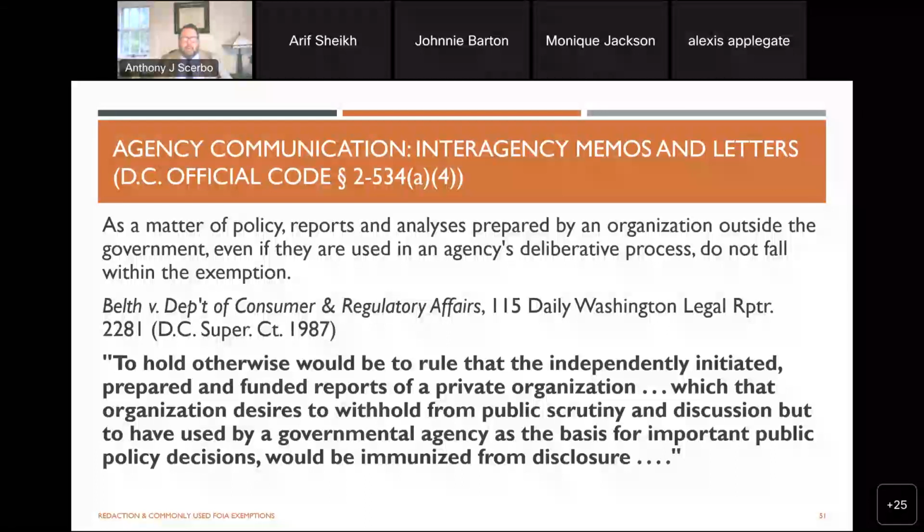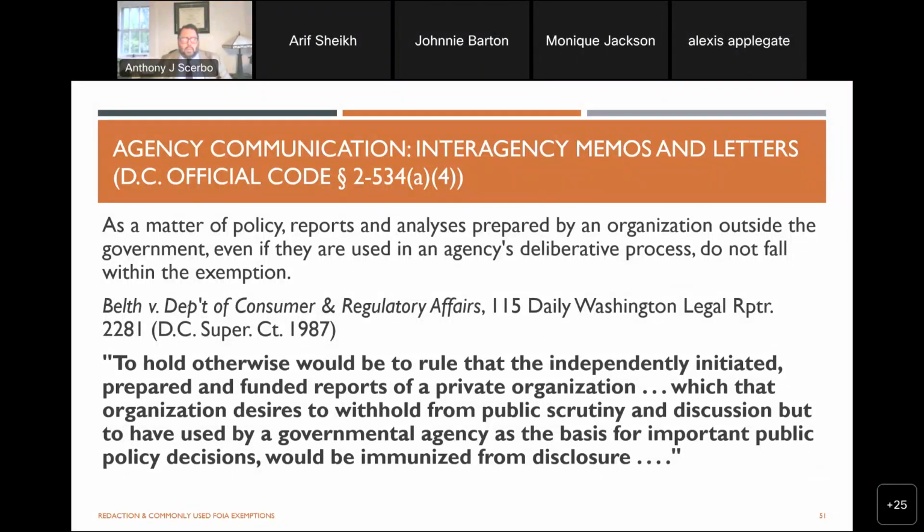An academic wanted access to these reports with this data, and numerous exemptions were claimed by both the private organization, the public bodies, etc.